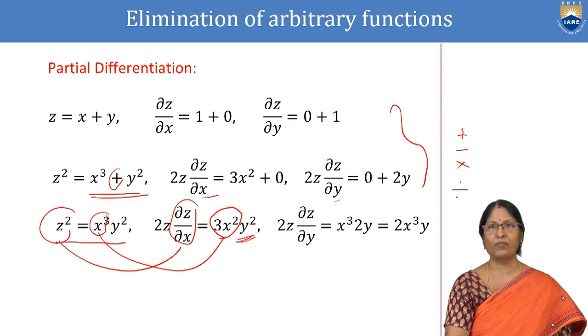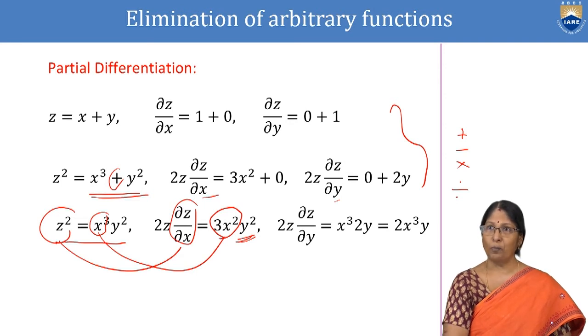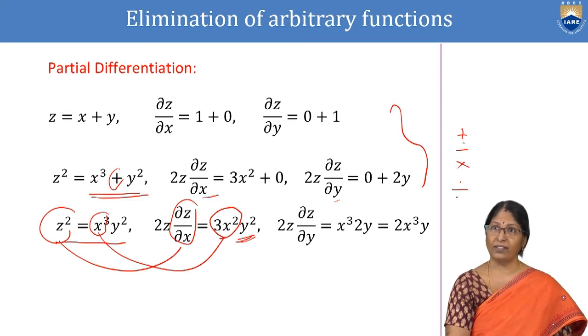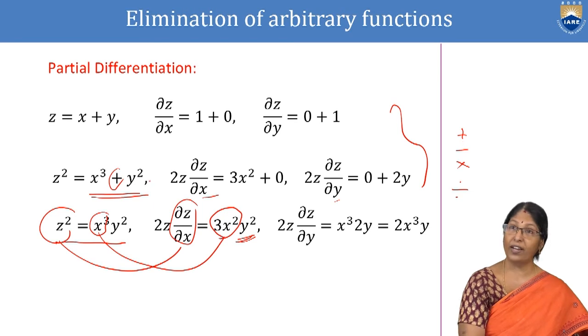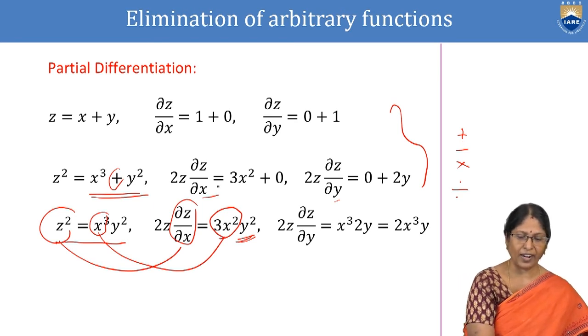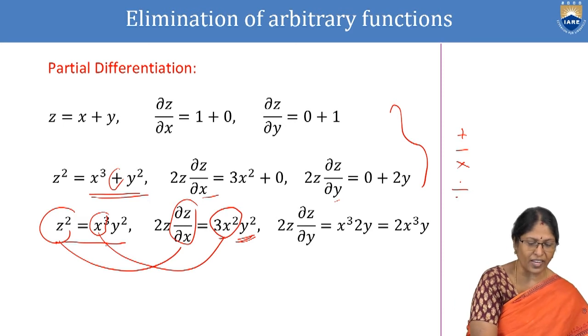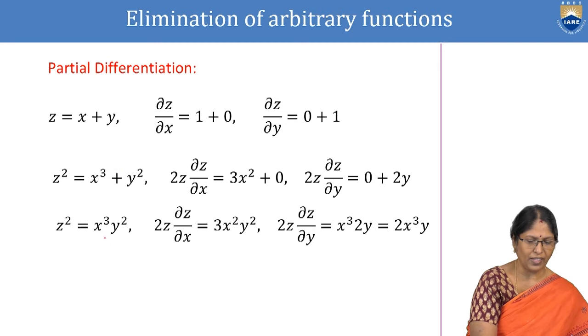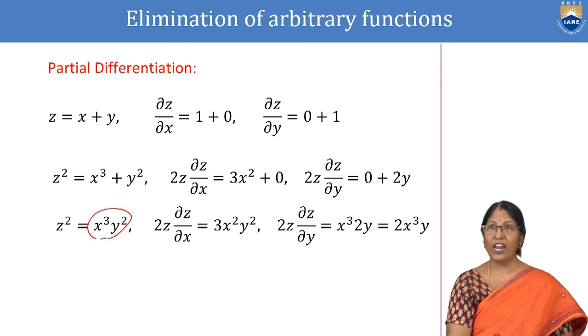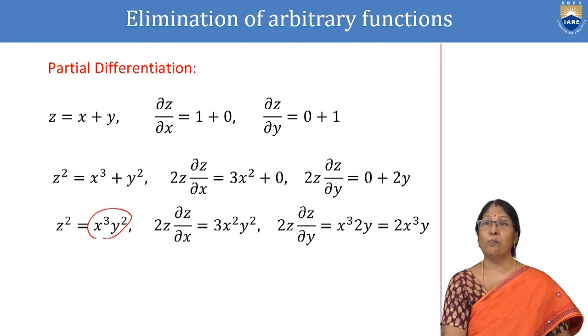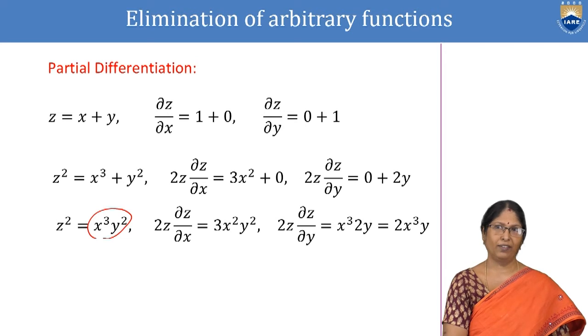They are the symbol of these operations. But plus and minus comes, we will neglect it. The variables here, connectivity is plus. Whereas here in this example, the two variables connectivity is multiplication.